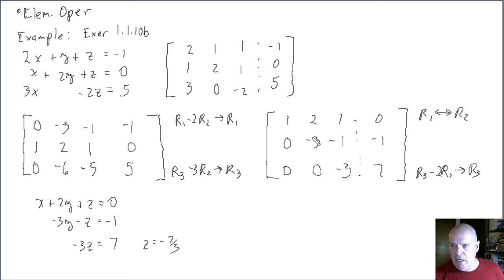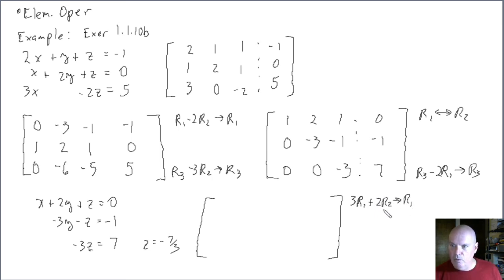So in the second row, that has a leading term in the second spot, I'm going to try and eliminate the 2 in the first row by subtracting a multiple of this row. I can do that by replacing row 1 with 3 times row 1 plus 2 times row 2.